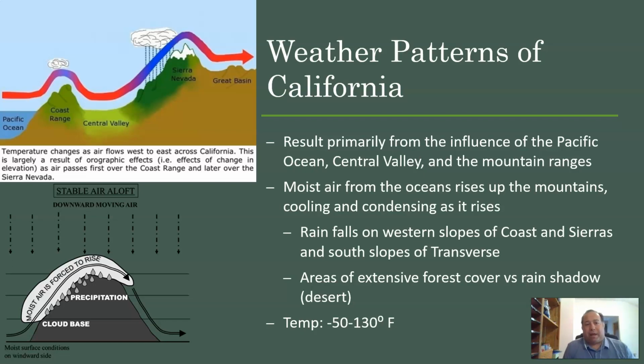And so because of the topography, the ocean, and the air coming off of the ocean, we end up getting these different precipitation patterns and different temperature changes as a result of the airflow moving from west to east. So you can see that here in this top left corner, we can see how our temperature changes as we go up with our topography and as we go up in elevation.